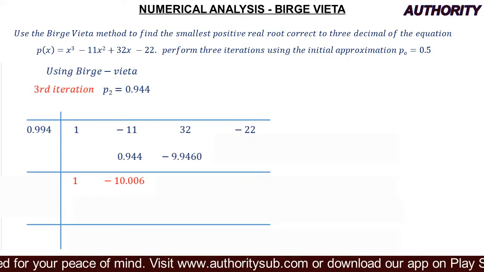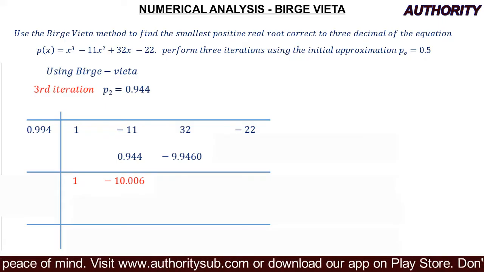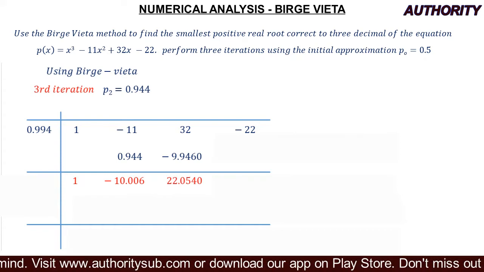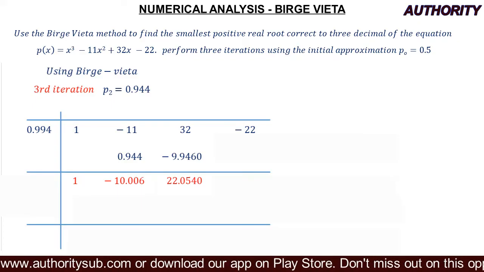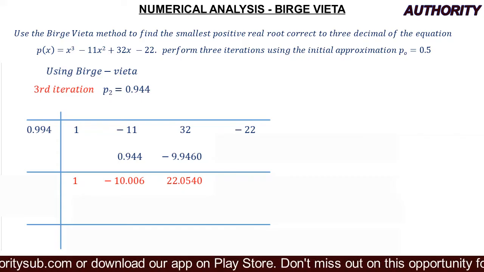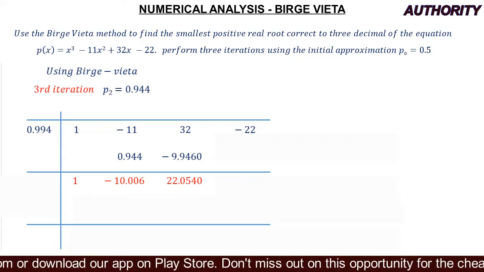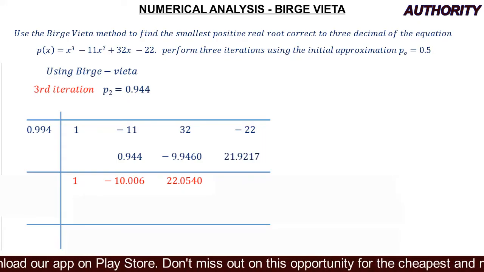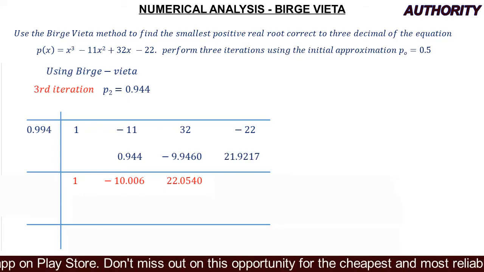32 plus minus 9.9460 gives 22.0540. This 22.0540 multiplied by P2 gives 21.9217.